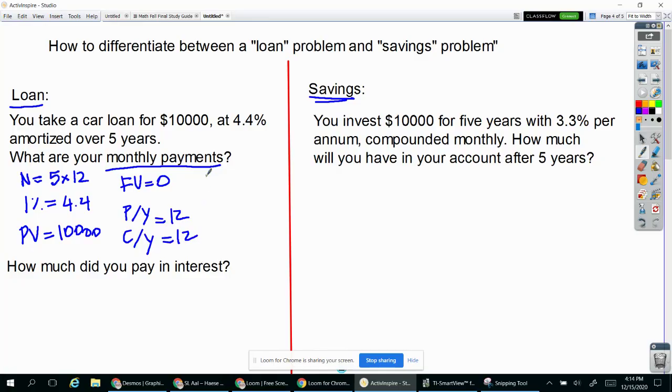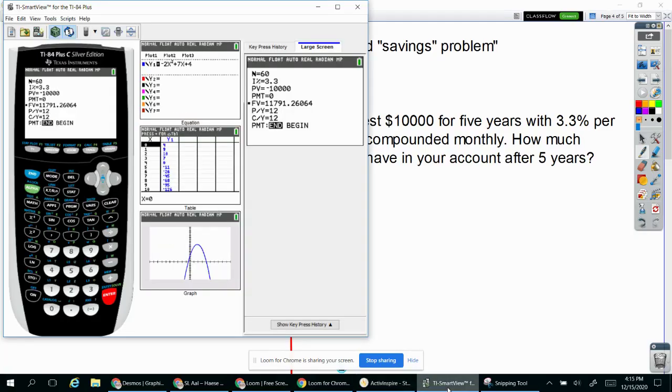Over here, we're going to look for the payment. That's the one thing we do not know, so we want to use our calculator. We go to Apps, Finance App, and then TVM Solver. Number of payments, 5 times 12 is 60. 4.4 is the interest rate. We took out $10,000 as a loan, so it's positive.